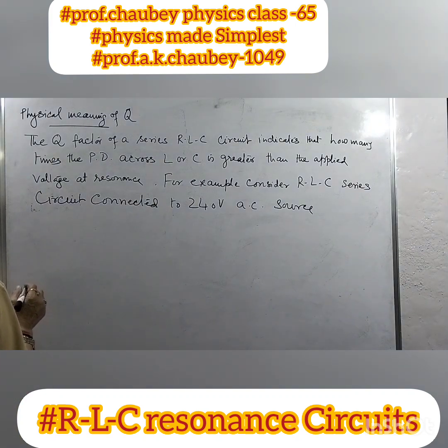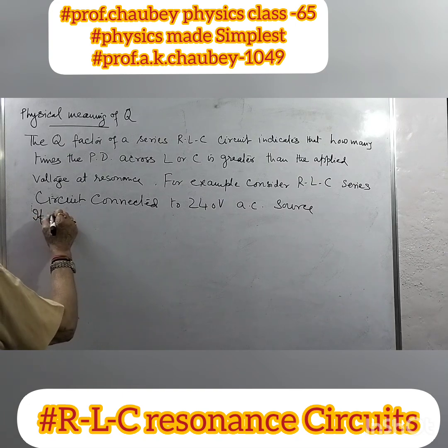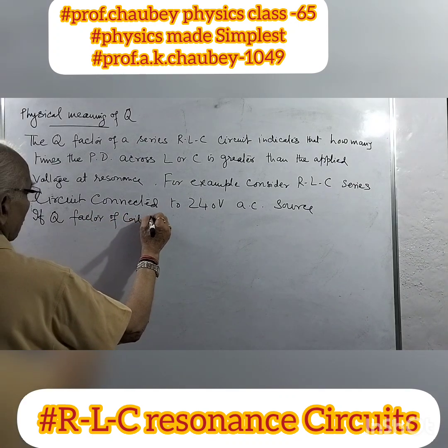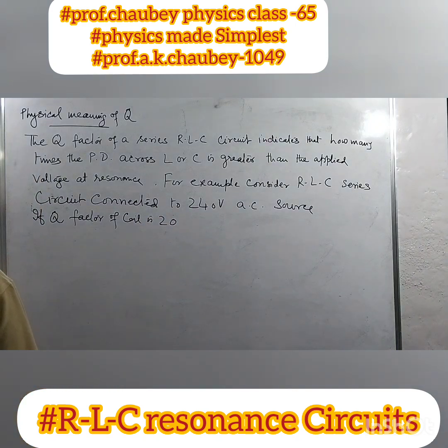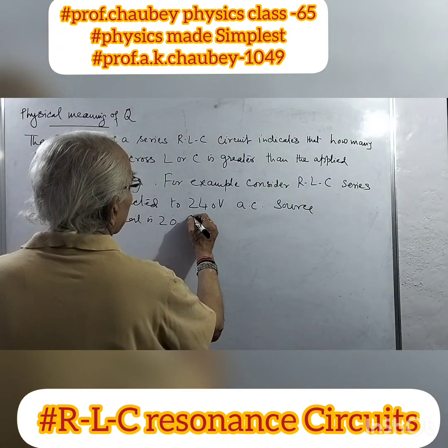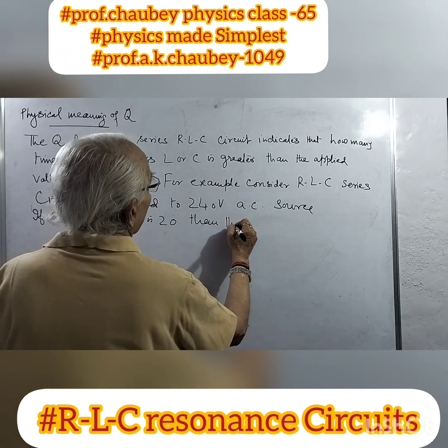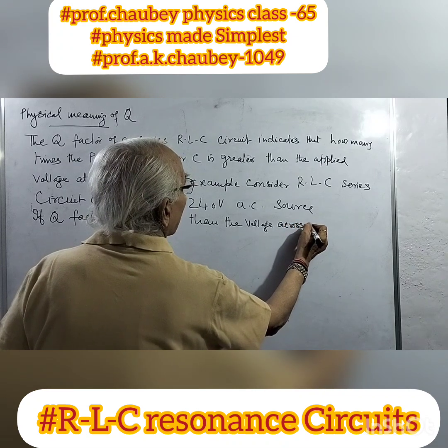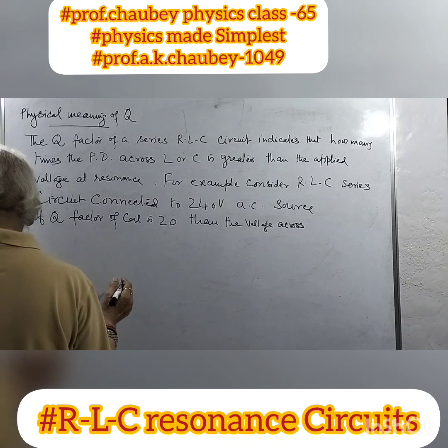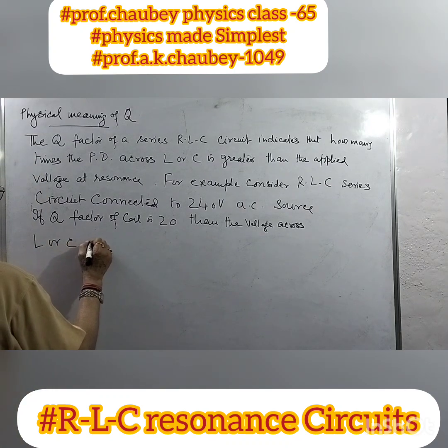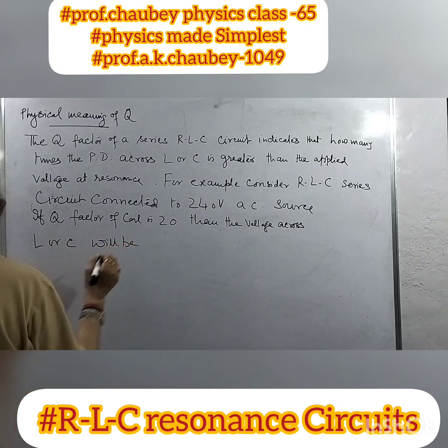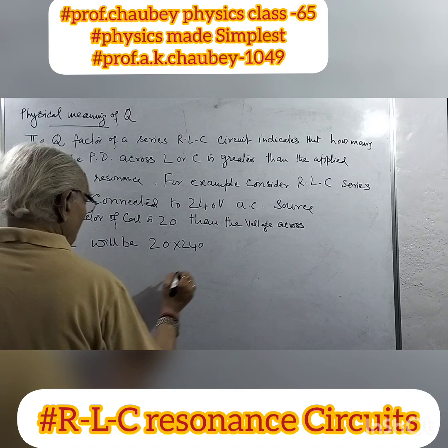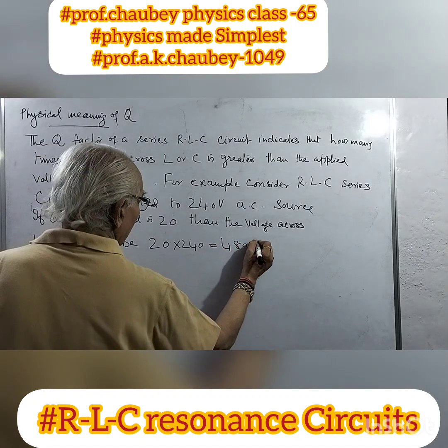The Q factor of the coil is 20. Then the voltage across L or C will be 20 into 240, that is 4,800 volt.